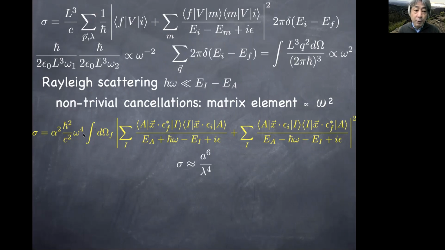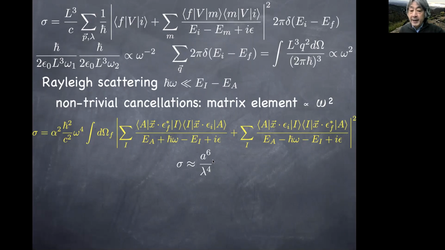So you can rewrite omega to the fourth as 1 over the wavelength to the fourth power. It's the same thing. And the cross-section, as I mentioned, has a dimension of area, of course. So if you have the length scale to the fourth power downstairs, you need to put in the length scale to the sixth power upstairs.